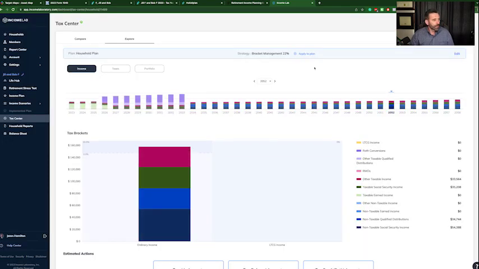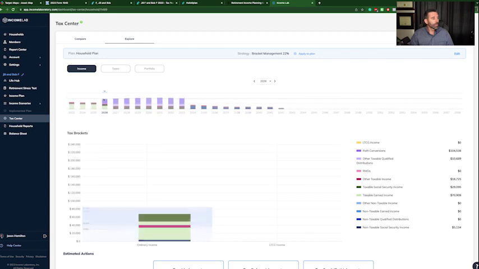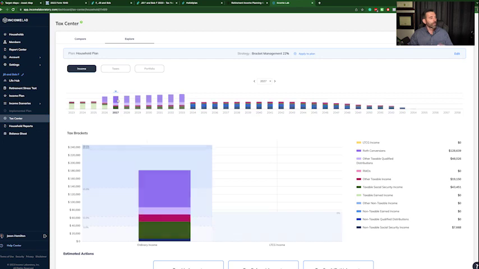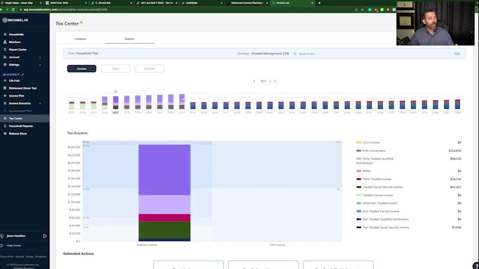For Bob and Jill, if we started a bracket management strategy when they retired, we'd start in the first year here when Jill's income drops. We could do a Roth conversion of about $104,000 in that year and do these each year going forward from 2026 through 2033, maximizing this bracket.